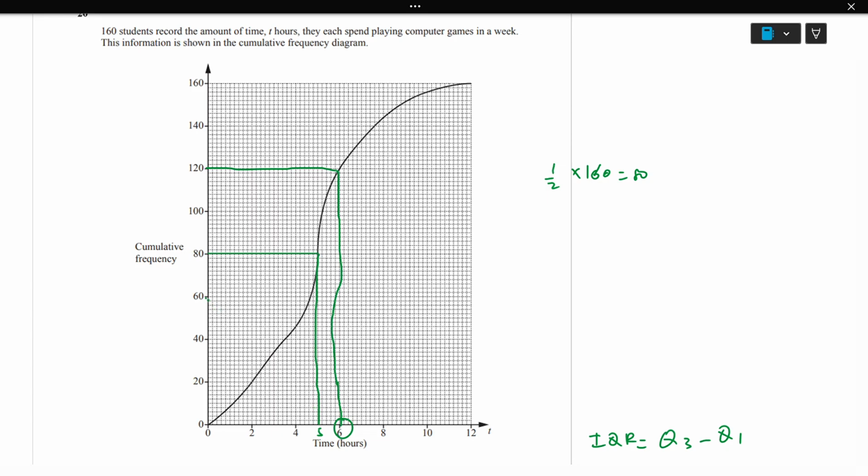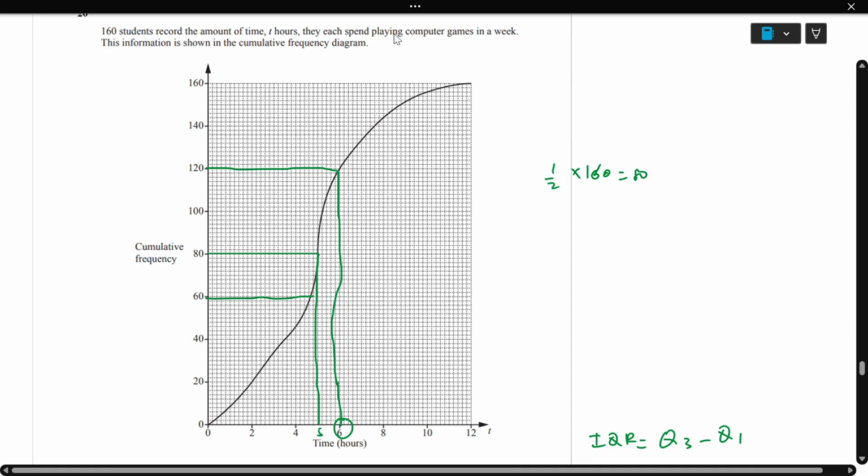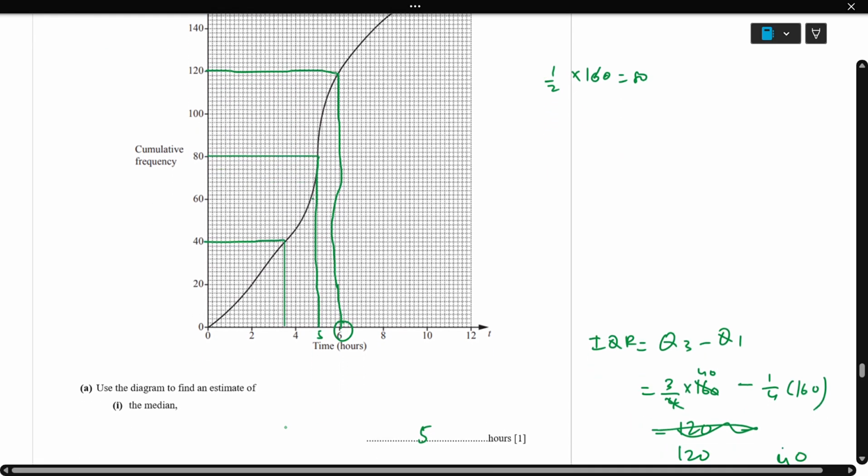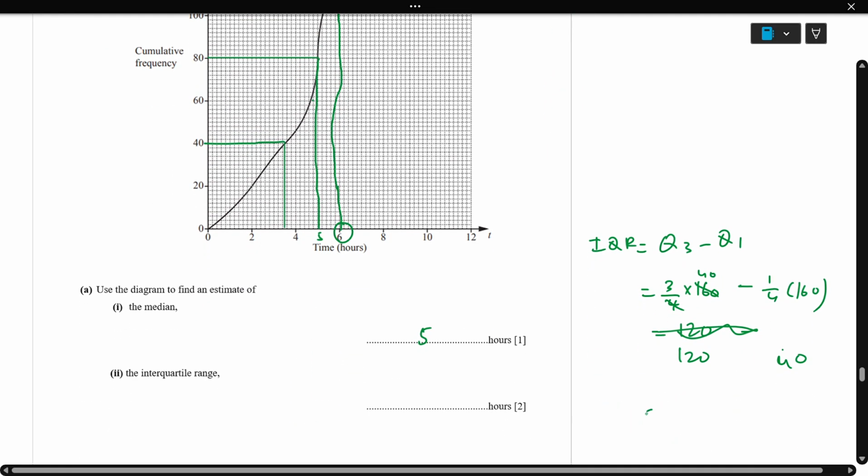Next I'll go for 40. Sorry, I drew 60. 40 gives 3.4. So the upper quartile is going to be 6.